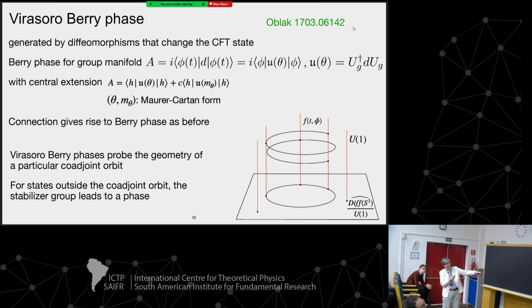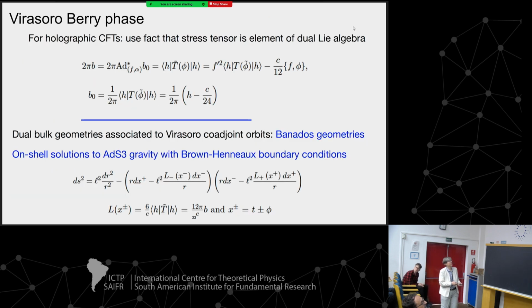But since I have this fiber bundle structure, if I apply the same transformation to states which are outside this co-adjoint orbit, then if I go around this trajectory, I end at some other place in this fiber. And this difference is then exactly, again, a Berry phase. So we also have Berry phases for conformal symmetry.